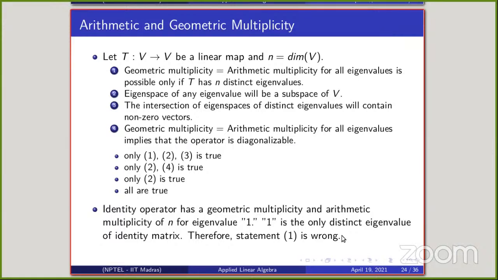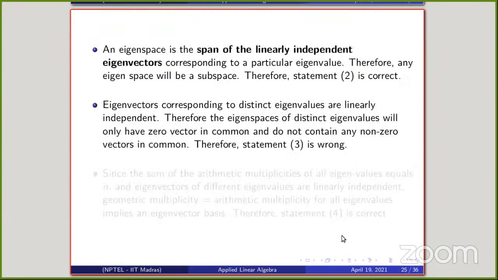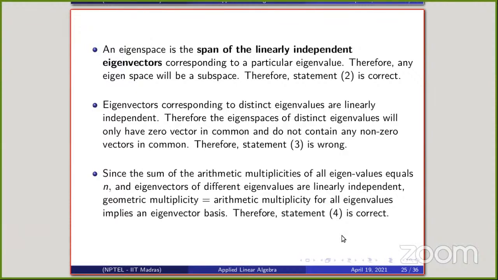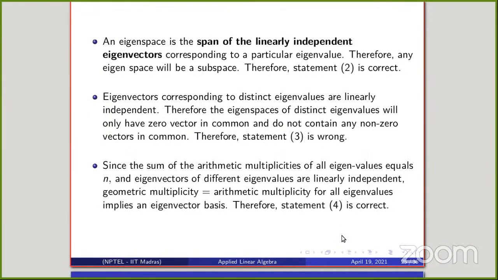Let us see the reason for this. Since the sum of arithmetic multiplicities of all eigenvalues equals n, and eigenvectors of different eigenvalues are linearly independent, if geometric multiplicity equals arithmetic multiplicity for all eigenvalues, then the operator will have an eigenvector basis. So statement 4 is correct. So statements 2 and 4 are correct and 1 and 3 are wrong.